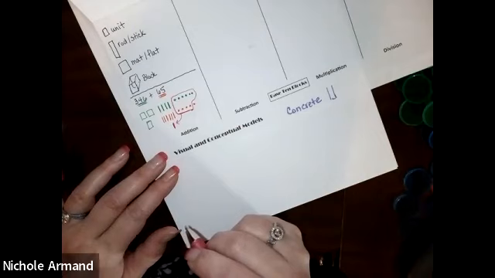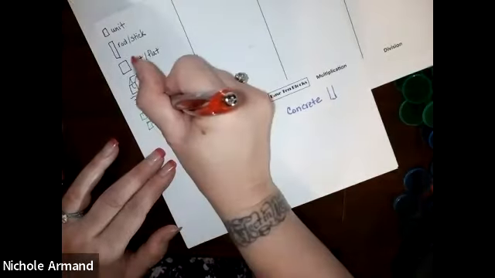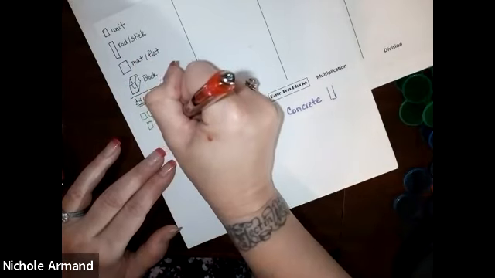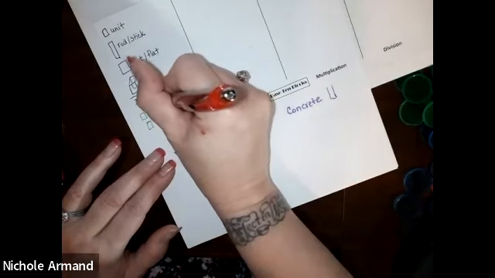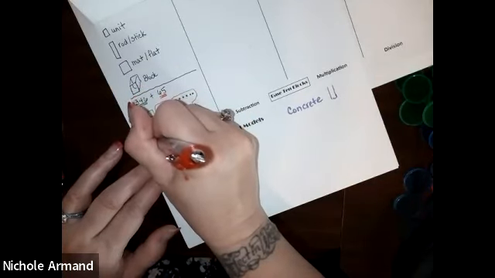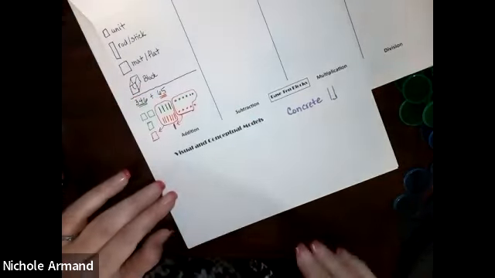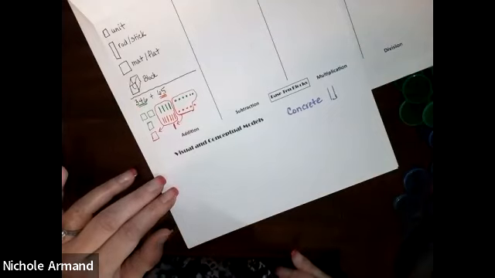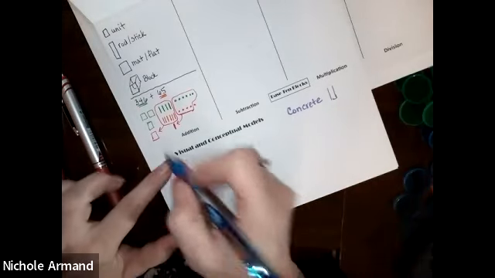So we are going to exchange our 10 rods for a flat. So now we have an extra flat. Once we are finished putting all these together, we're going to see what we have left.